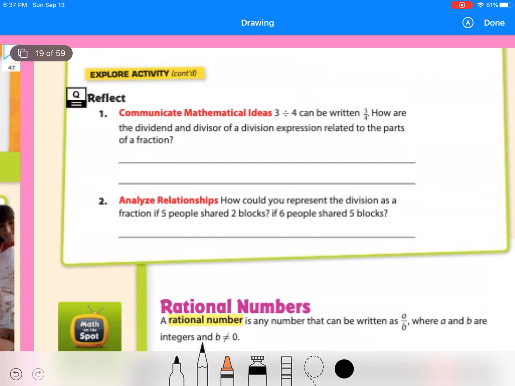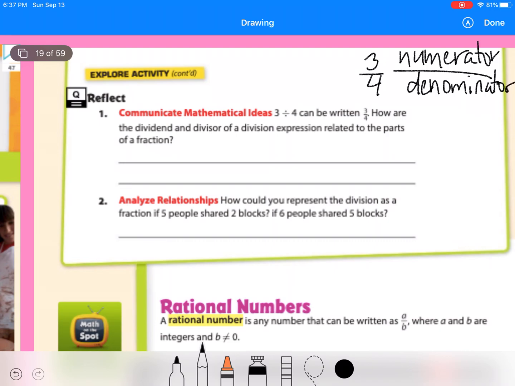How are the dividend and divisor of a division expression related to the parts of a fraction? Okay, so a fraction, let's remember the parts of a fraction. 3/4, we have the numerator over the denominator.